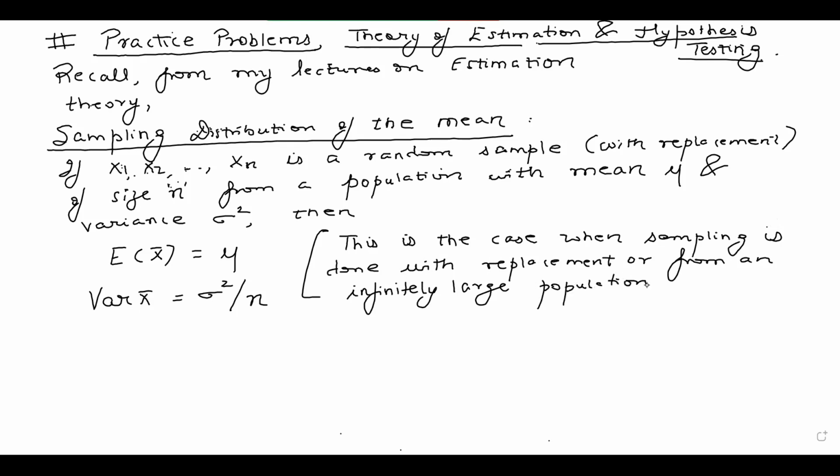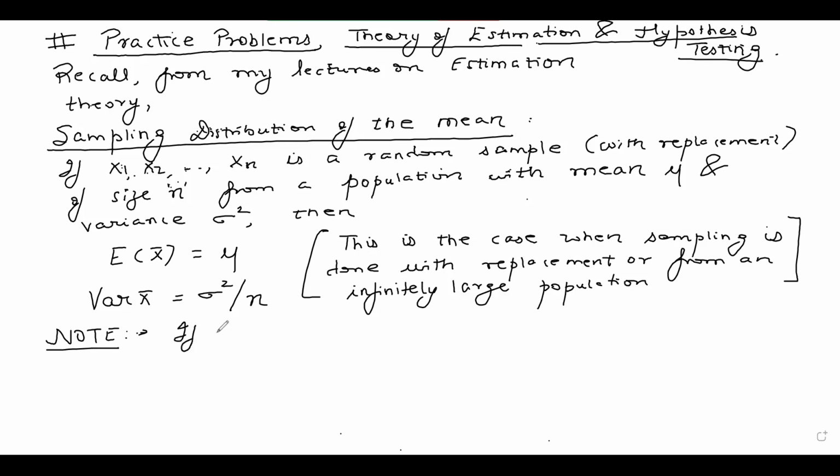But today in this lecture, I'm also going to make all students write a note, which you will not find in my theoretical lectures on estimation. So let us see today in this lecture what happens when sampling is done without replacement.